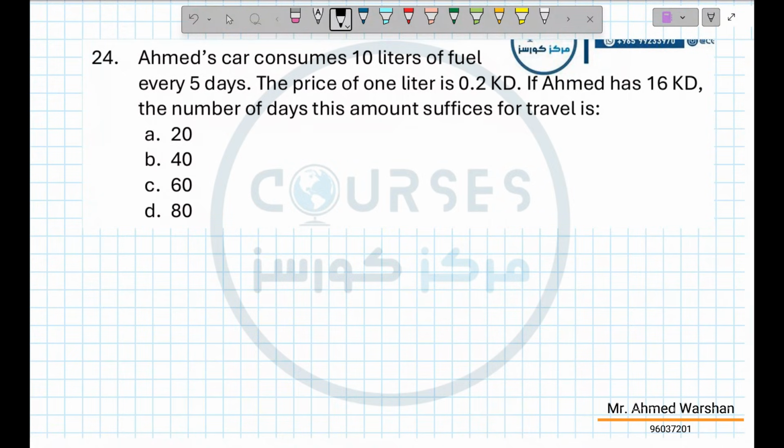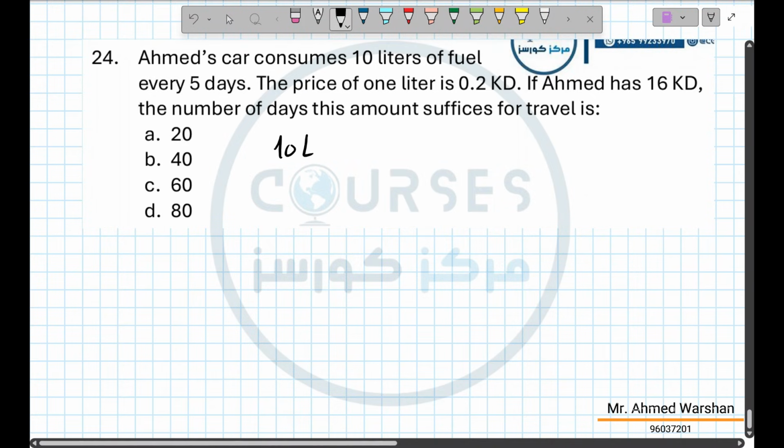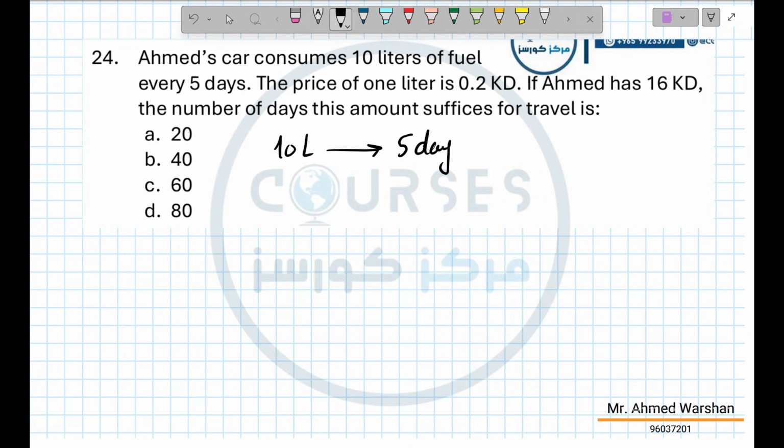Okay. Ahmad's car consumes 10 liters of fuel every 5 days. The price of 1 liter is 0.2. So we have 10 liters every 5 days.